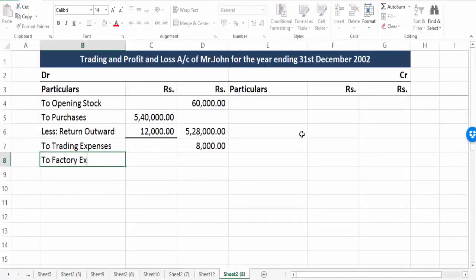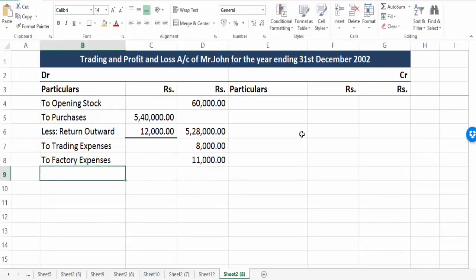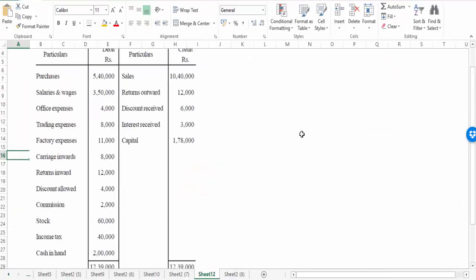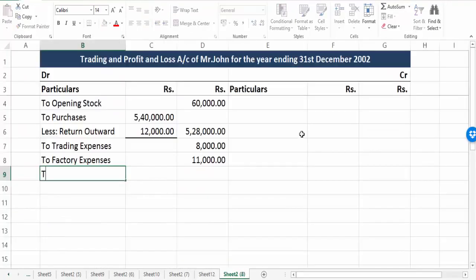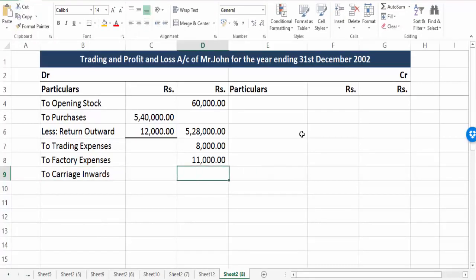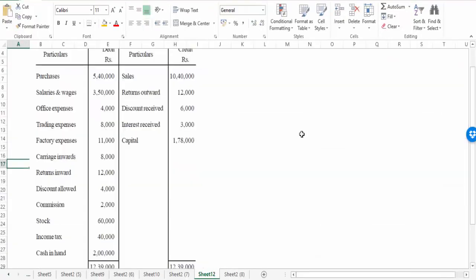To factory expenses 11,000. Then we have carriage inwards of 8,000. So to carriage inwards of 8,000. Then we have returns inward. This is linked with sales, so we'll take care of it when we pick up sales. So we don't have other items related to trading.